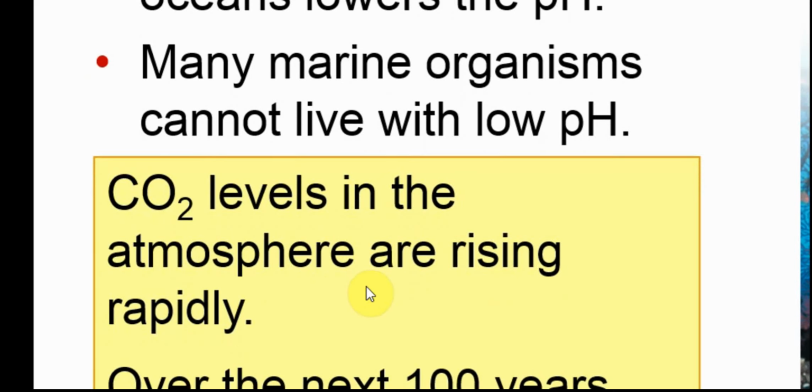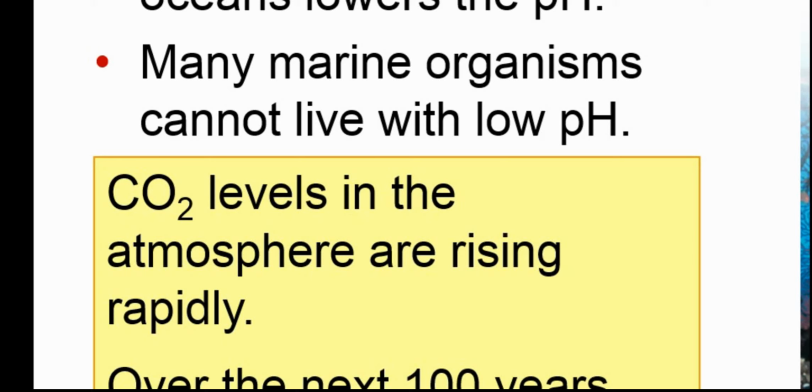Right now, we know that atmospheric carbon dioxide levels are a problem in our environment. They're rising due to industrialization and because we're losing forests, deforestation. And so there's a lot of worry about what is going to happen to our ocean systems over the next 100 years due to rising levels of carbon dioxide.